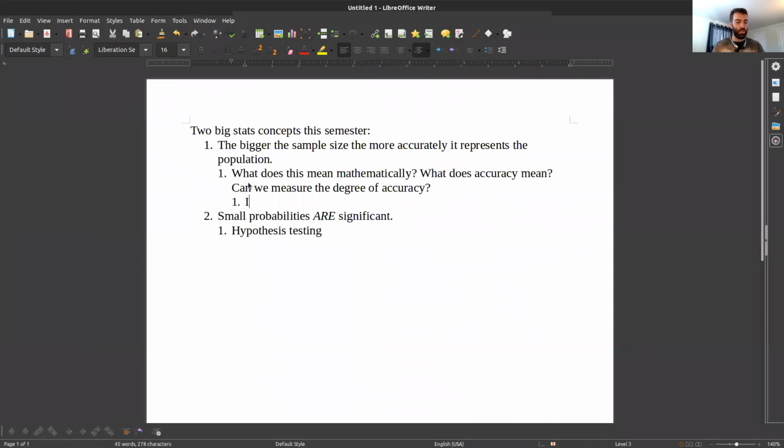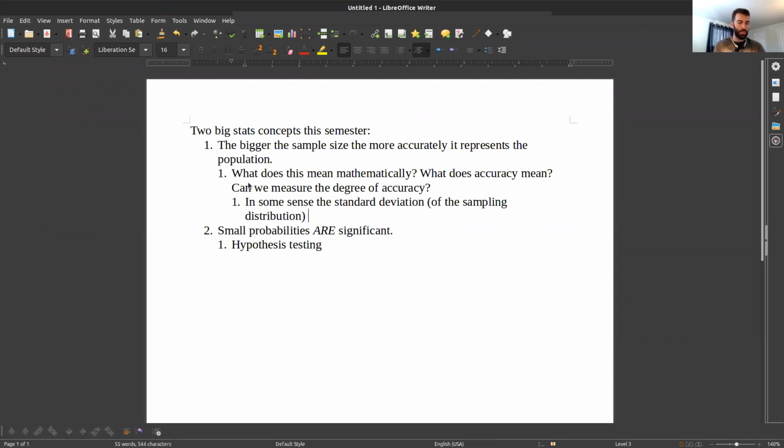So in some sense, the standard deviation, and I'll say in particular of the sampling distribution, the standard deviation of the population is kind of just like the natural variation in the population. But as we take these bigger and bigger sample sizes, what happens is the standard deviation goes down.